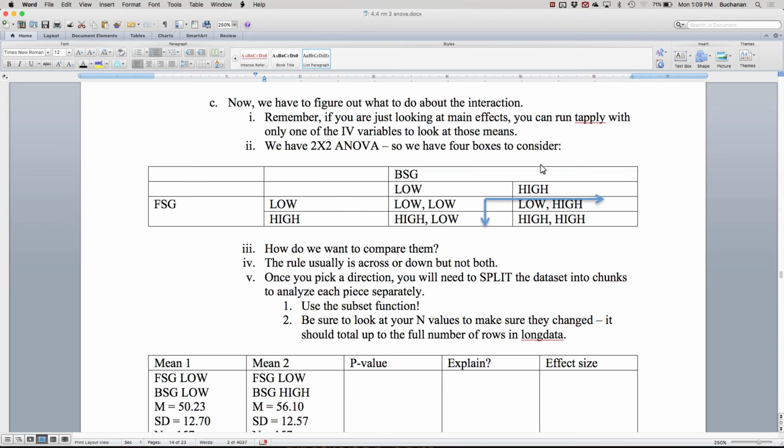So that would be comparing across. Or I could compare down. So for only BSG low, only BSG high, and do FSG low versus high, FSG low versus high. Pick one, down or across, not and. Otherwise you're doing more type 1 error problems. So we would pick across or down, not both.